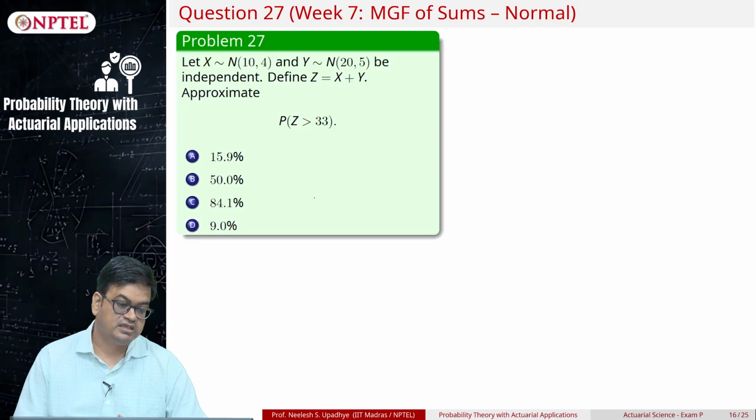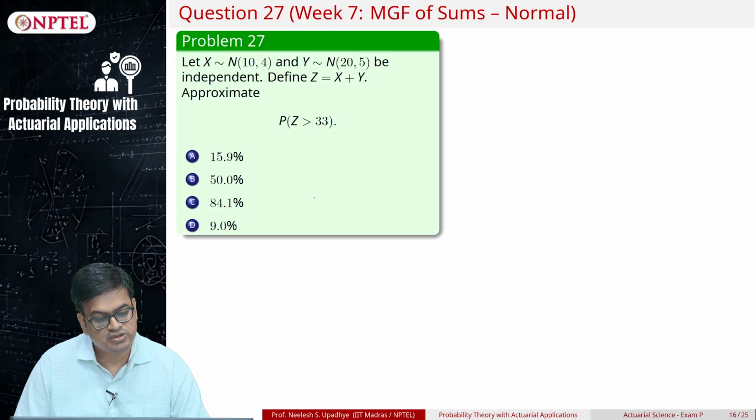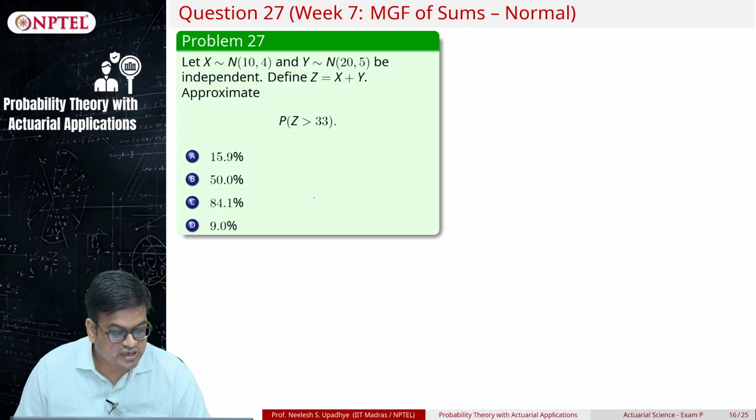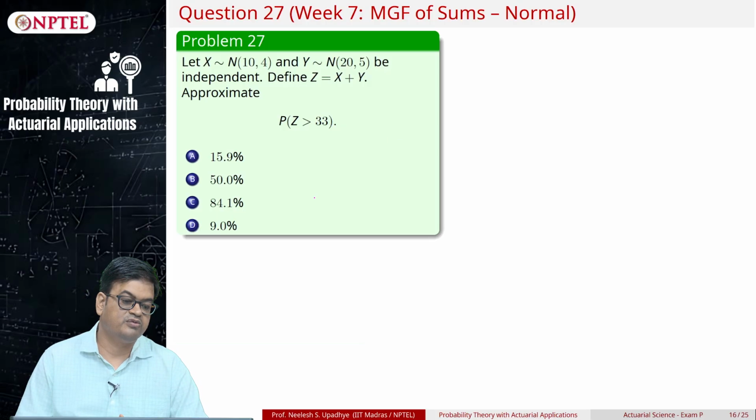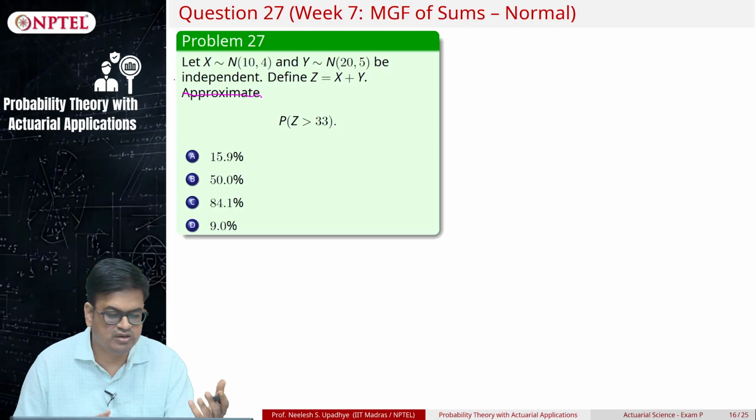So, x is normal distribution with mean 10 and variance 4, y is normal distribution with mean 20 and variance 5, and they are given to be independent. So, z is equal to x plus y, and you want to approximate and find the probability of z greater than 33. However, in this question there is actually no approximation, because we can actually evaluate this value.